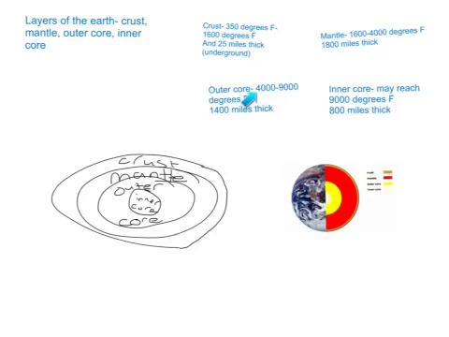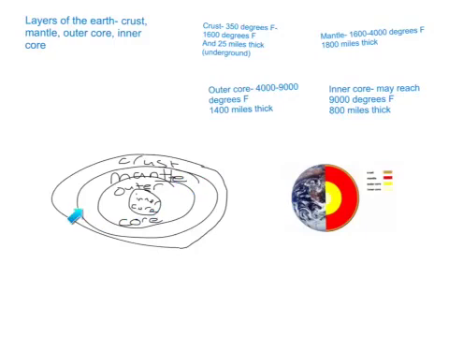The outer core is 4,000 to 9,000 degrees Fahrenheit and is 1,400 miles thick. The inner core may reach 9,000 degrees Fahrenheit and is 800 miles thick.